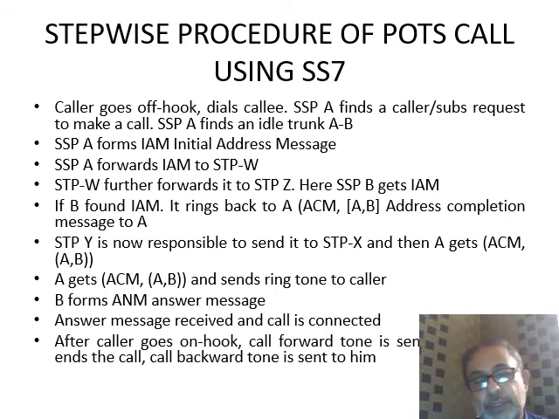I would recommend you to see the other presentation on SS7 that I have already shared with you on WhatsApp as well as on Teams, which includes a very nice simulation of this complete process, which includes initial address message, address complete message, and response messages.